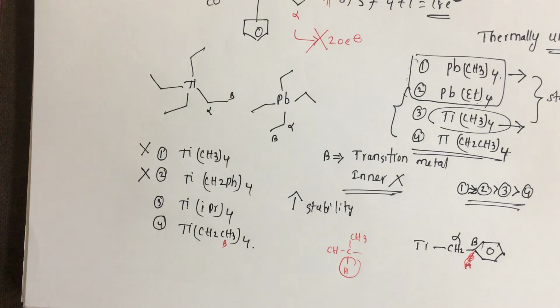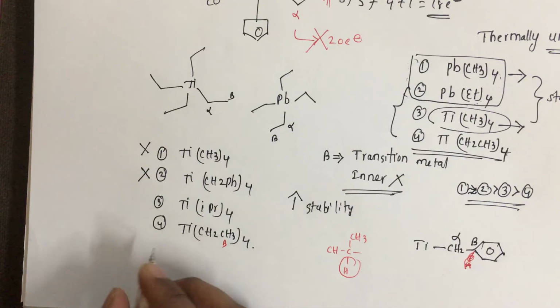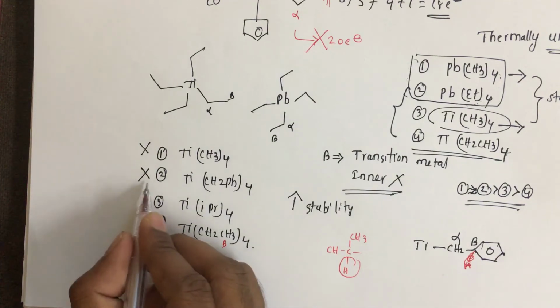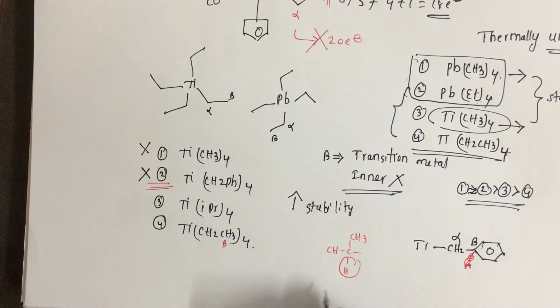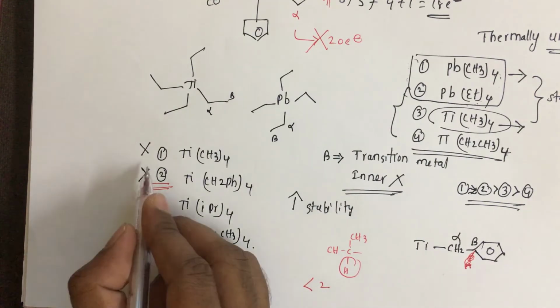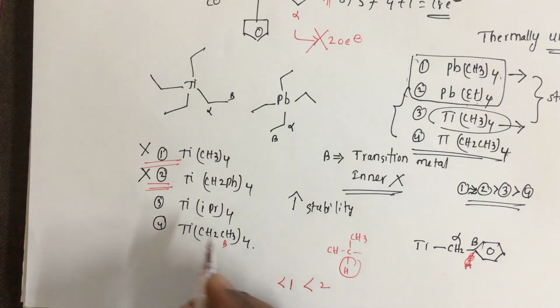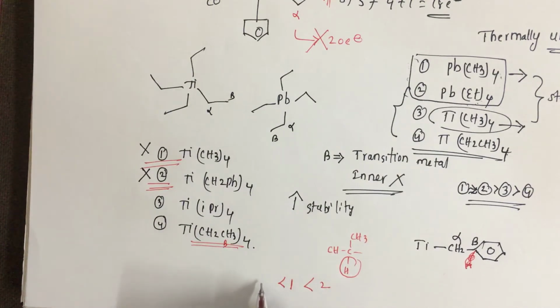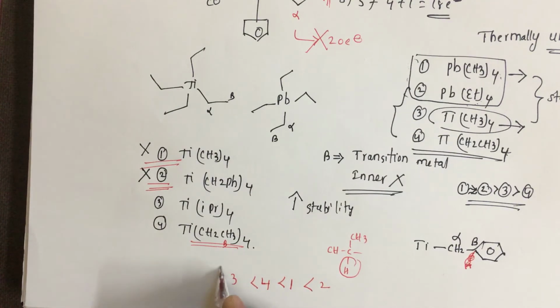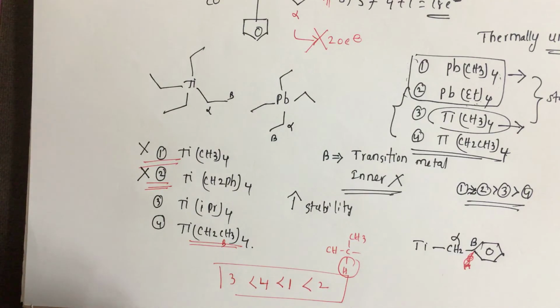The most stable will be this one, then the second, and the next goes to the isopropyl group, then the ethyl group, and the least stable will be 3. So this is the stability order.